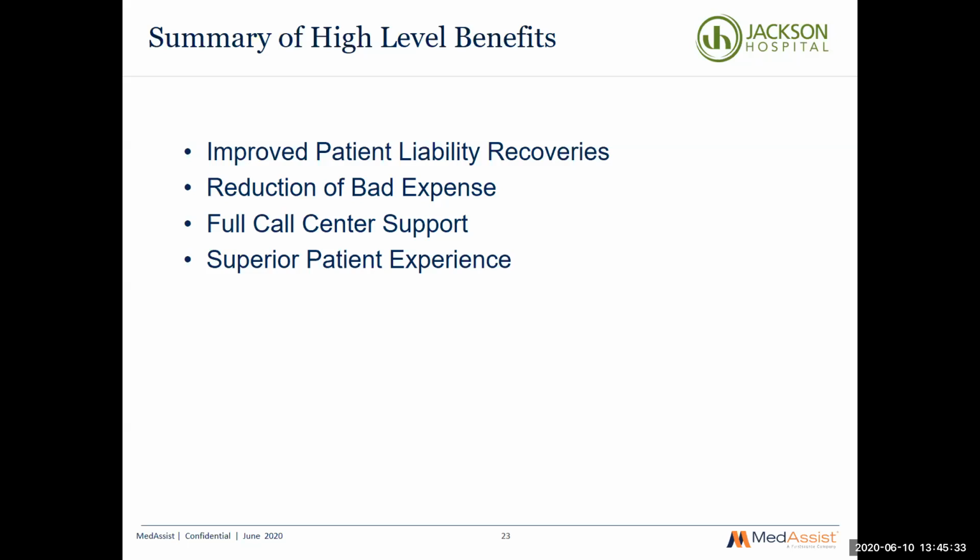So really, a summary of high-level benefits. We were able to improve our patient liability recoveries and reduce overall bad debt expense. We ended up adopting full call center support, and we are improving our patient experience.